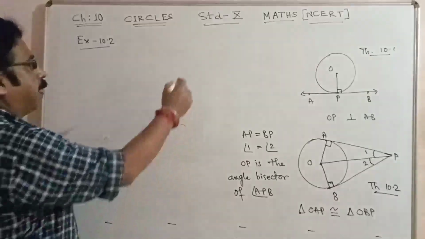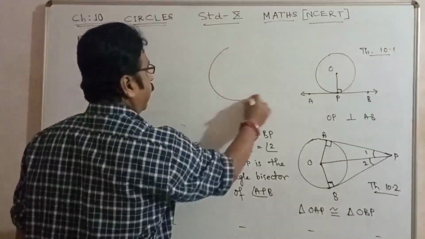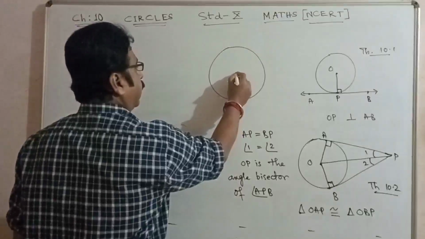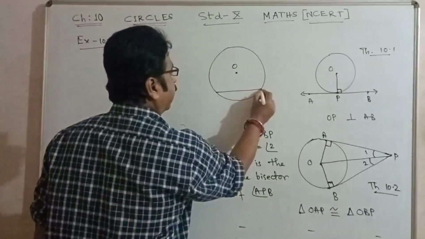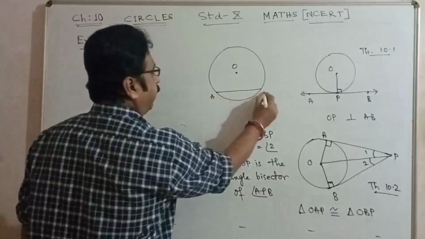Also, one more thing. Suppose this is the center of the circle and this is the chord of this circle AB.